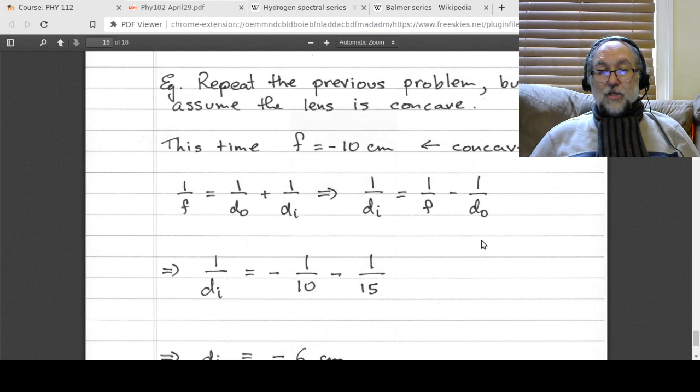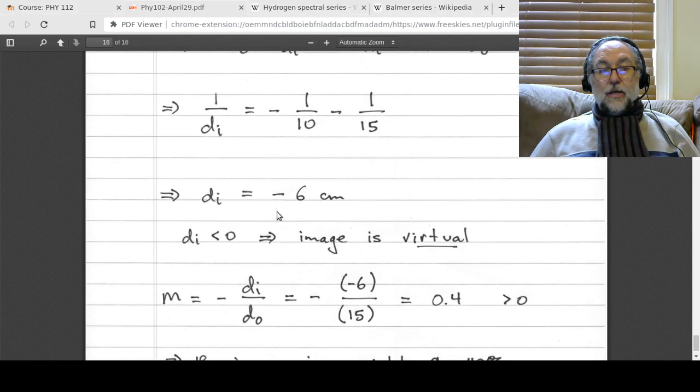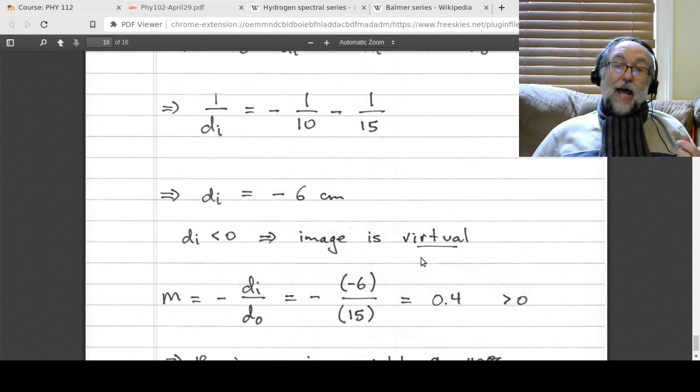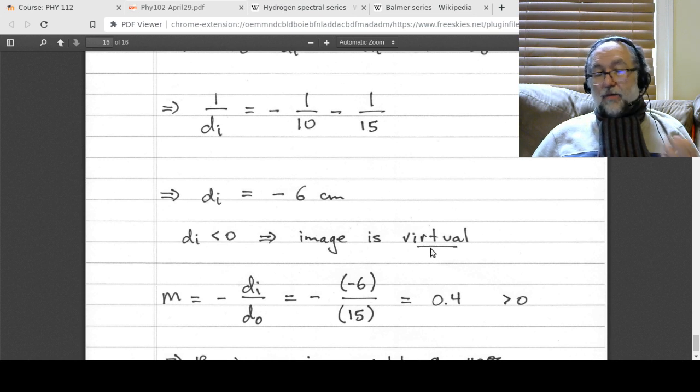So that's 1 over f minus 1 over do. And everything's negative here, so if you just work this through, di turns out to be negative 6 centimeters. The fact that di is negative tells you that the image is on the same side of the lens as the object, and that means that it's virtual. So di negative means that we've got a virtual image.